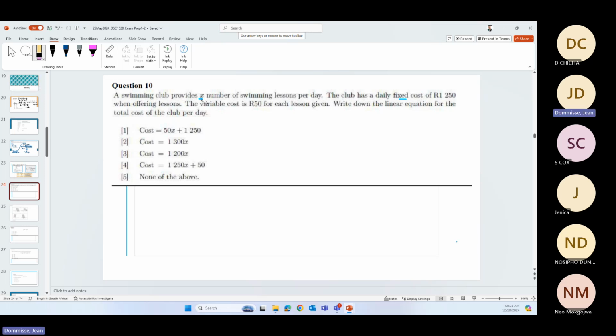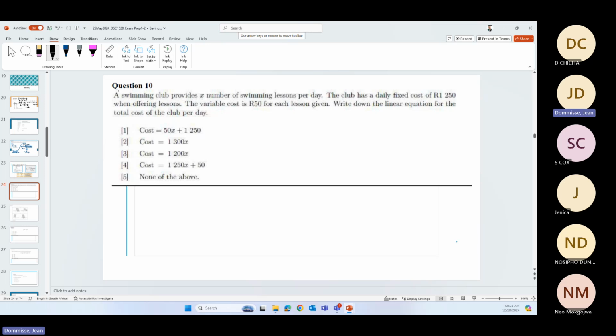Okay, so let's look at this one. So slightly different, where we've done profit. To say profit is total revenue minus total cost. We looked at total cost to say total cost is equal to fixed cost plus variable cost.